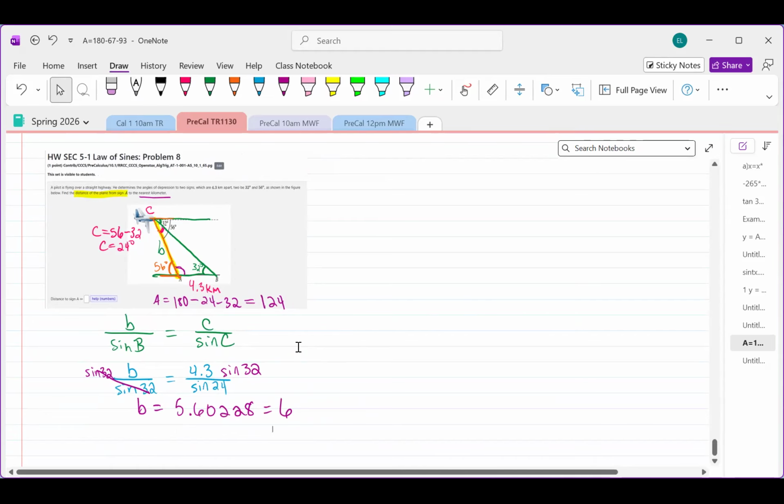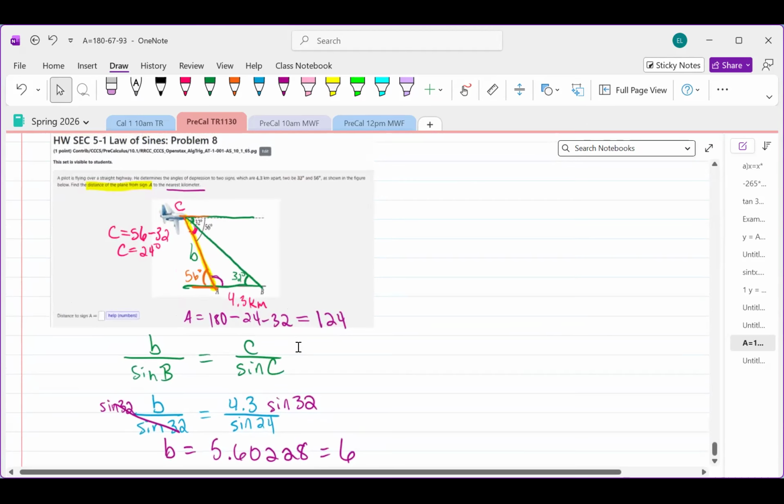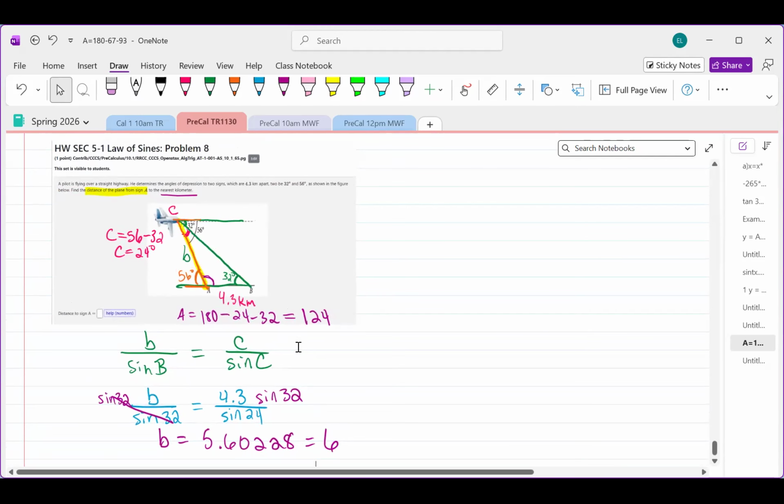So yes, a wonderful example of mathematicians do not understand significant figures at all. The sig fig answer would be 5.6. If you measured 4.3 kilometers, then you can say 5.6 to the same degree of accuracy.